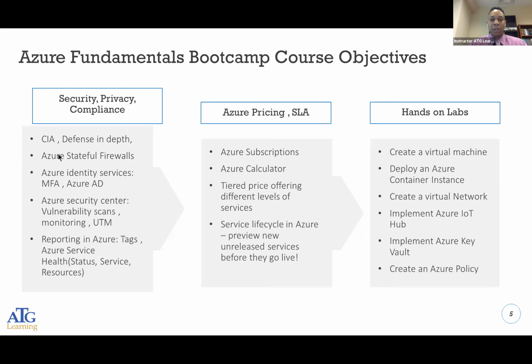We can implement these within Azure. And Azure Active Directory, AD, allows us to create user accounts in our network and give them access to different folders in our network.